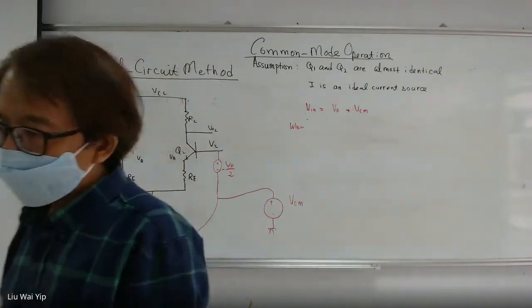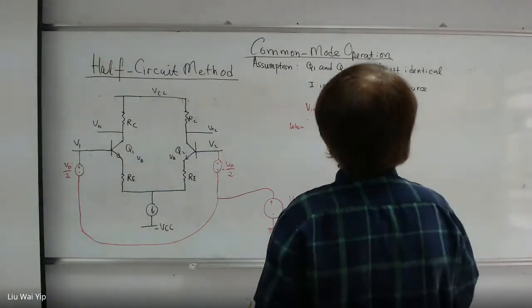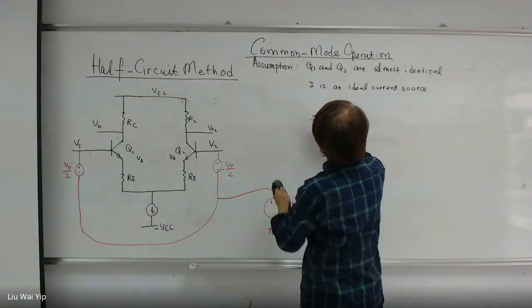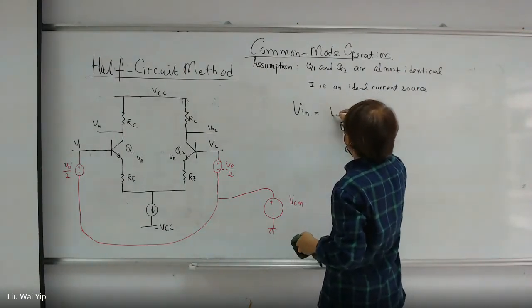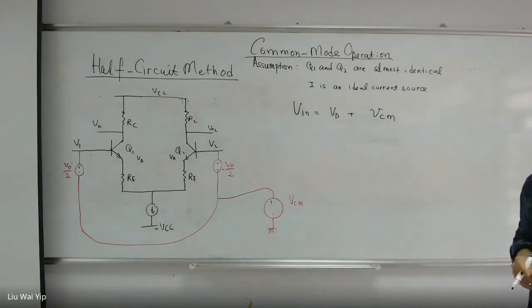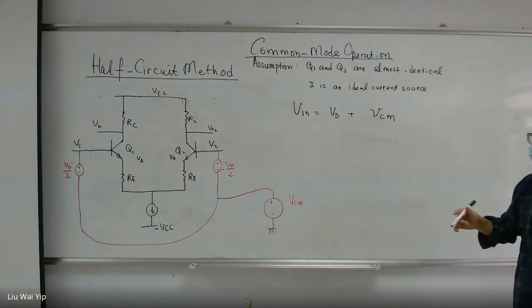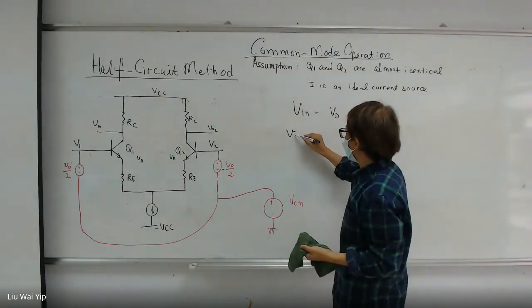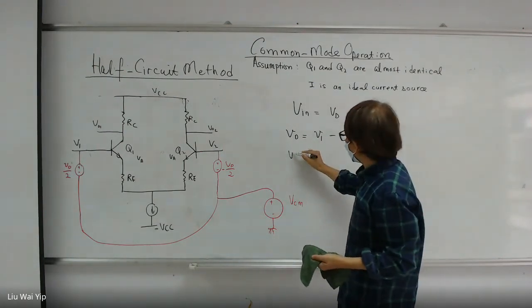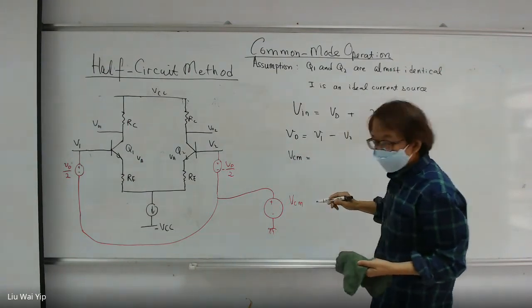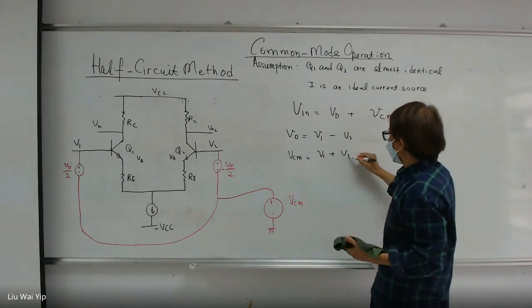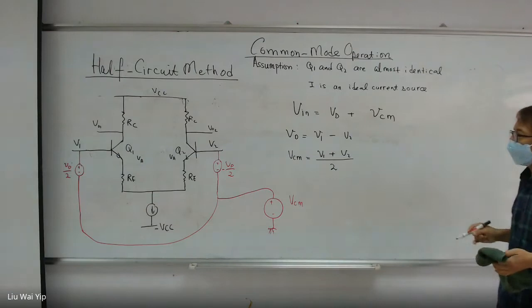The handwriting is not large enough. The input is Vd plus VCM. Vd is equal to V1 minus V2, and VCM is known as the common mode voltage input. So this is our definition.